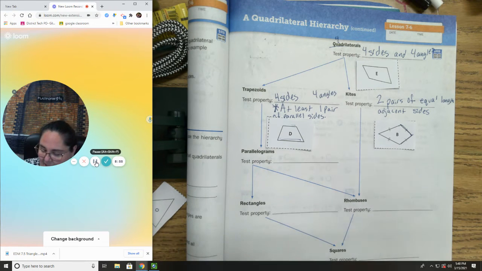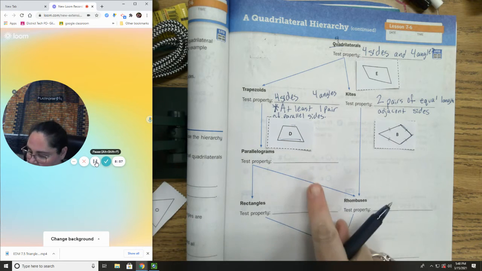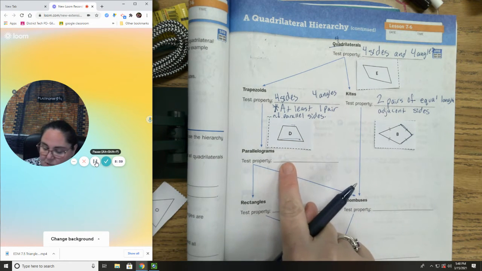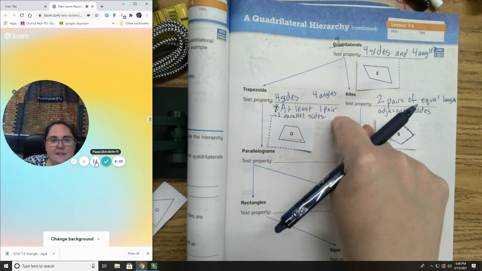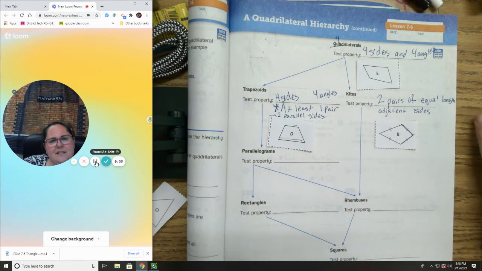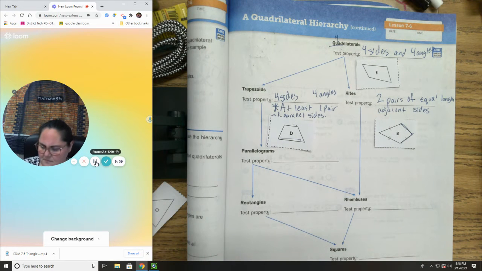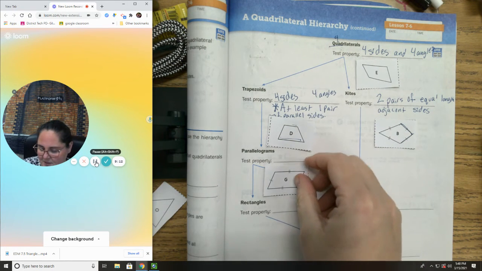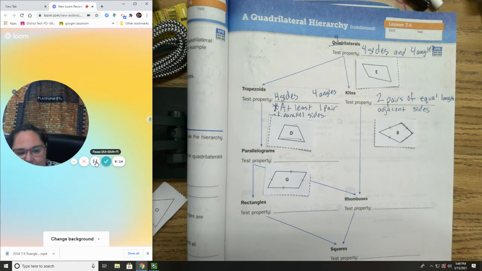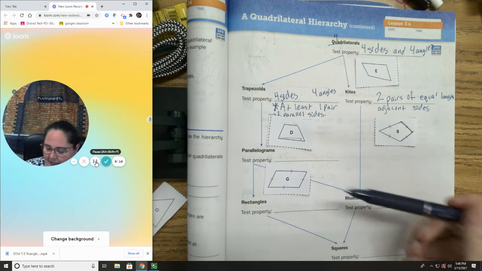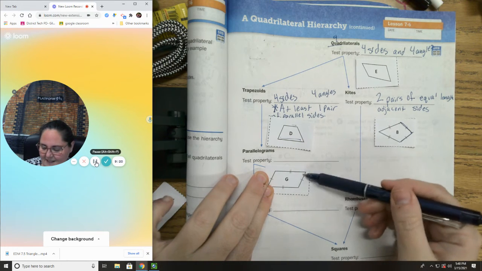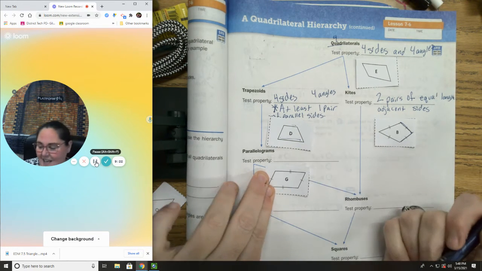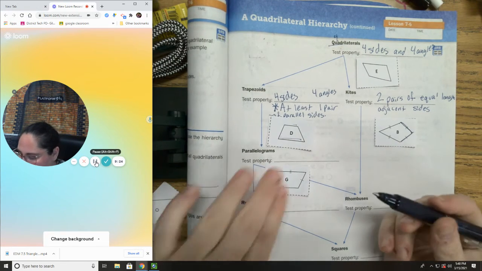All right. Let's look at my next one. So a parallelogram. If a trapezoid has to have 1 pair of parallel sides, what do you think makes it different in order to be a parallelogram? Here's the picture. So I hope this helps now that you can see it. A trapezoid has 1 set of parallel sides; a parallelogram has 2 sets of parallel sides.